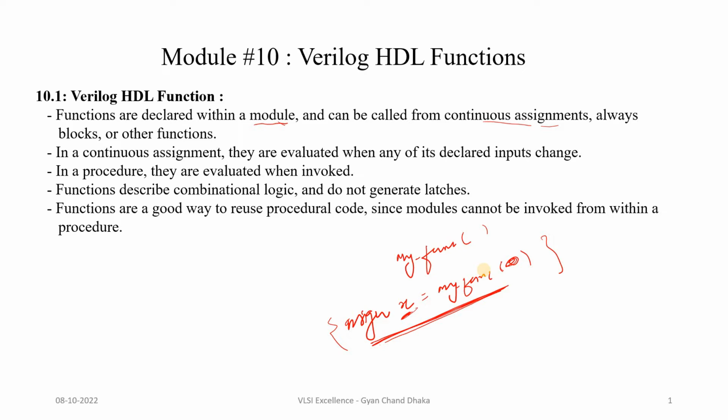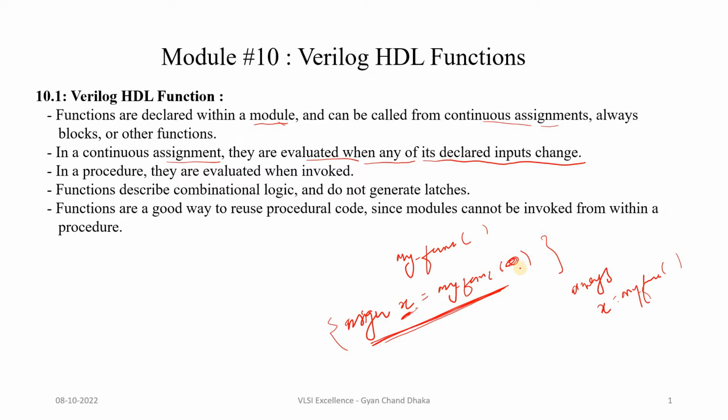Now the second way of calling the function is from an always block. So we have an always block. In the always block also, in a similar way we can call x is equal to my function. And functions can be called from another function as well. In continuous assignments, they are evaluated when any of its declared inputs changes.